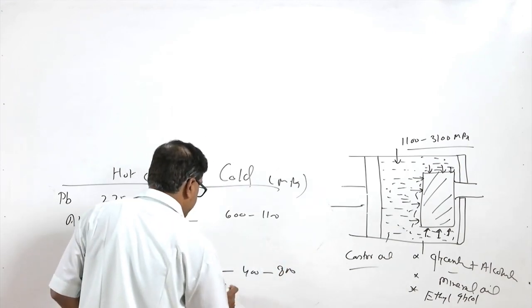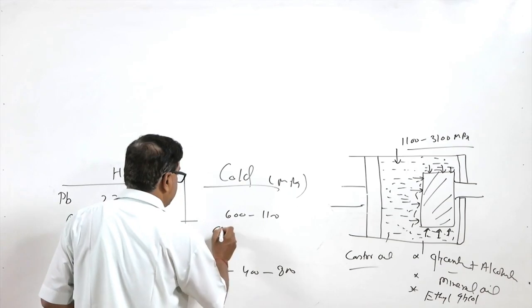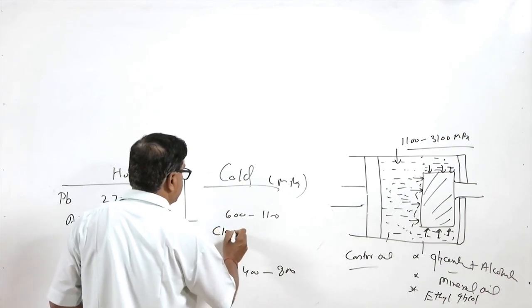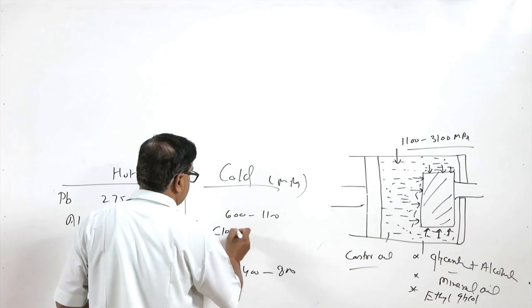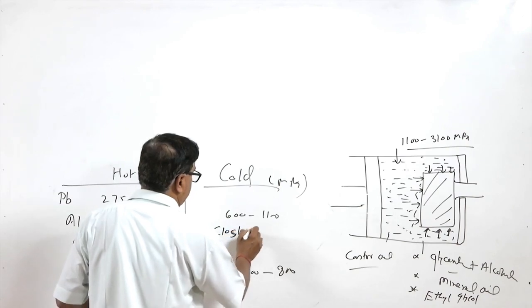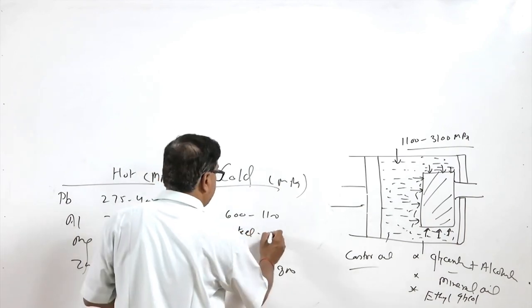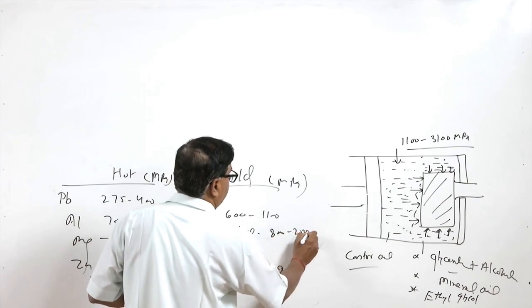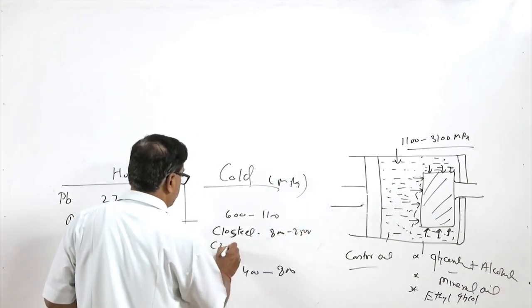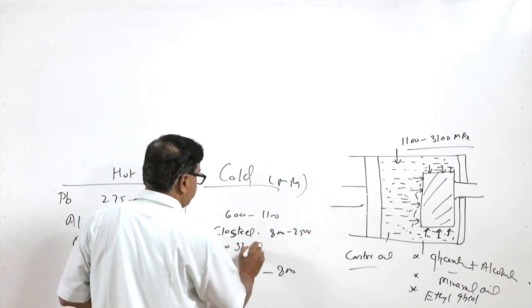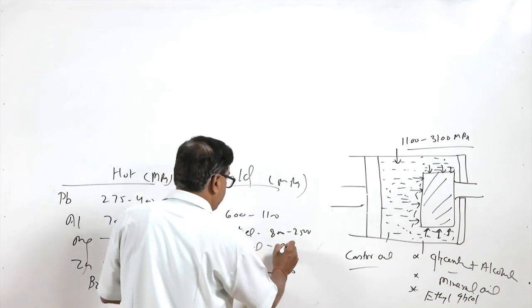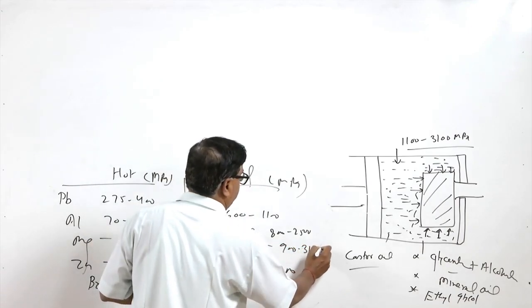For steels like C10 steel, it is like 800 to 2500 MPa, and C20 steel is further higher, 900 to 3100 MPa.